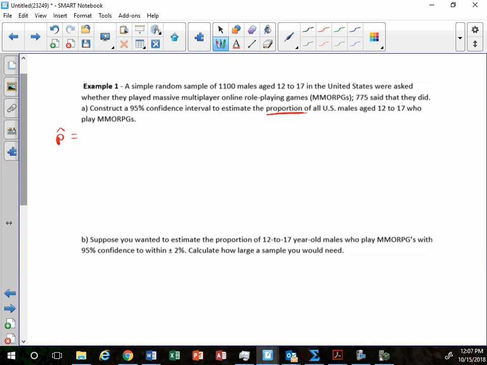How do I find it? 1,100 is n. We need that in our p hat. How do I actually find p hat? 775 over 1,100, and that is 0.7045.